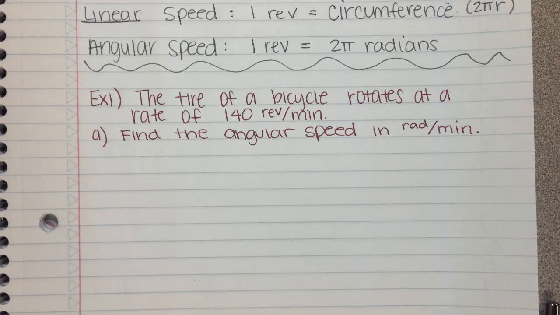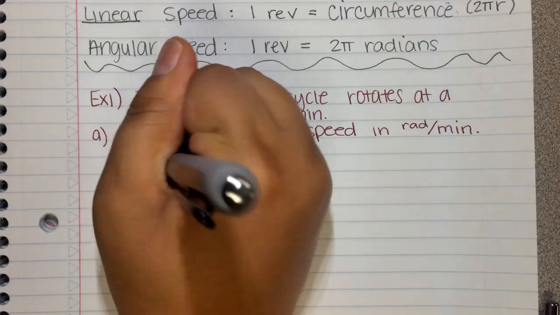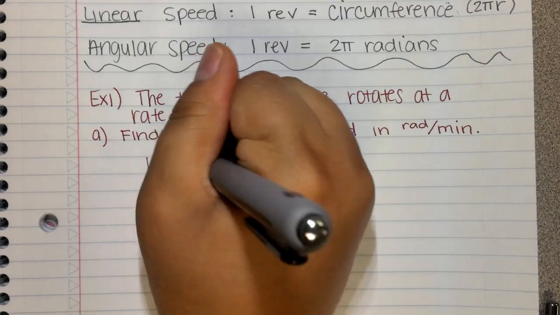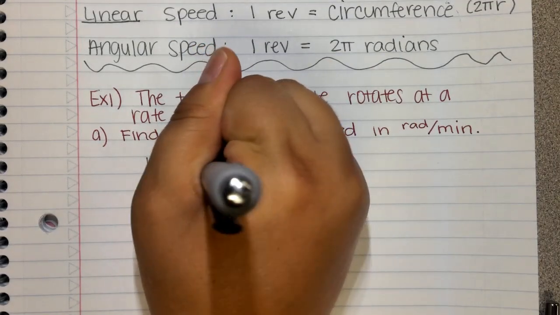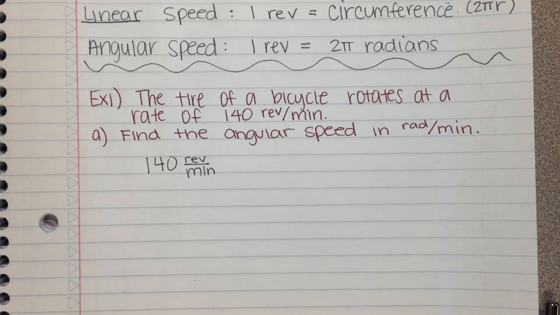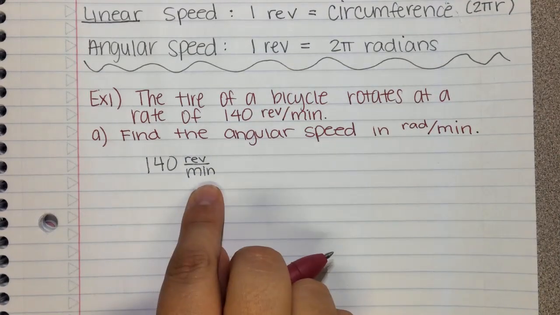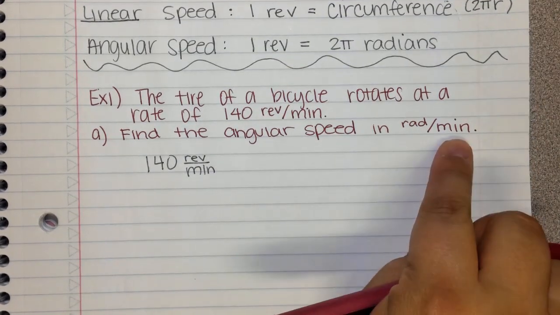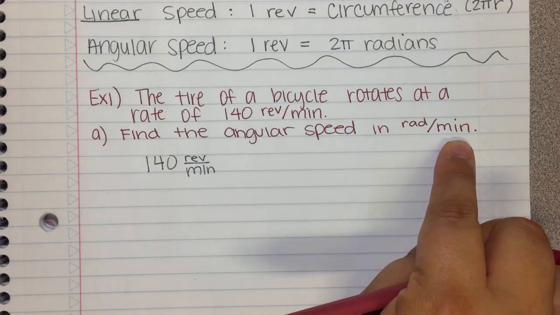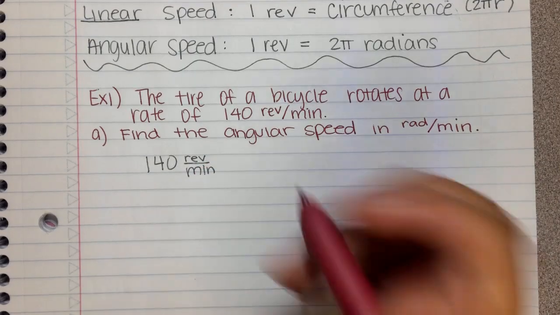What do I know? I know it's rotating at 140 revs per minute. What do I want to find? Radians per minute. So, do you agree I want minutes on the bottom in my answer? Do I want revs up top?